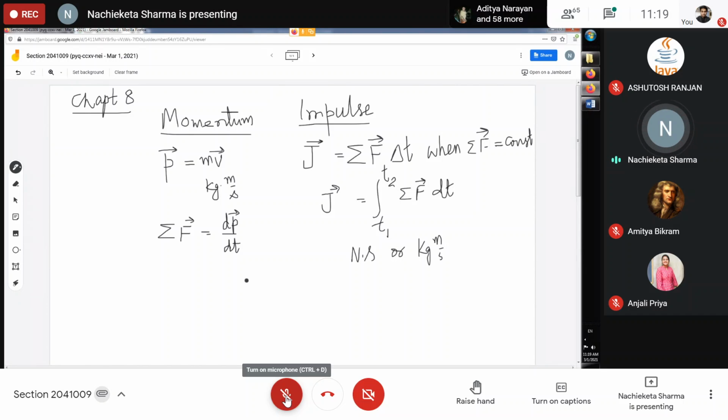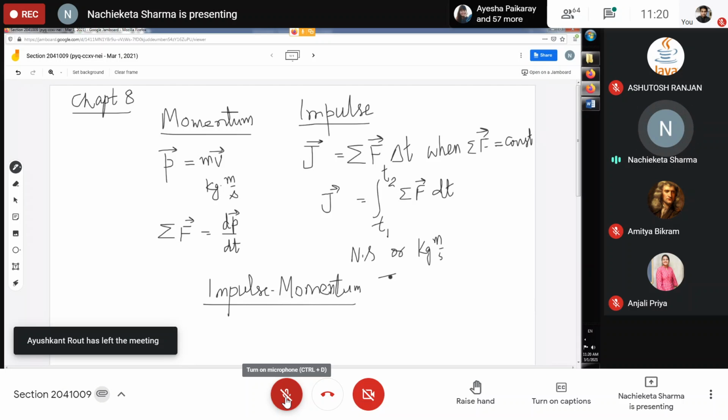Then, impulse momentum theorem. If you have remembered the work energy theorem, you see there is force, there is displacement, there is work, and there is kinetic energy, isn't it?